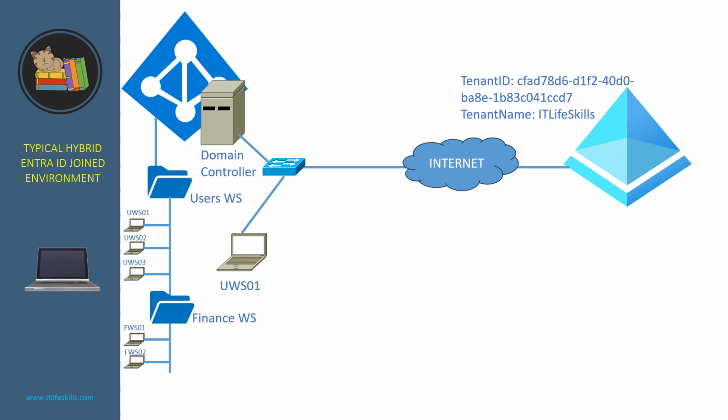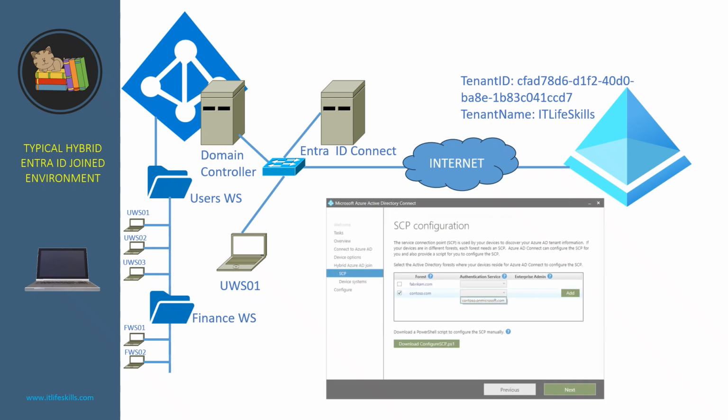Now, to make these computers become hybrid Entra ID joined computers, we need to install an Entra ID Connect server in which we will configure the SCP, which will publish a service connection point.